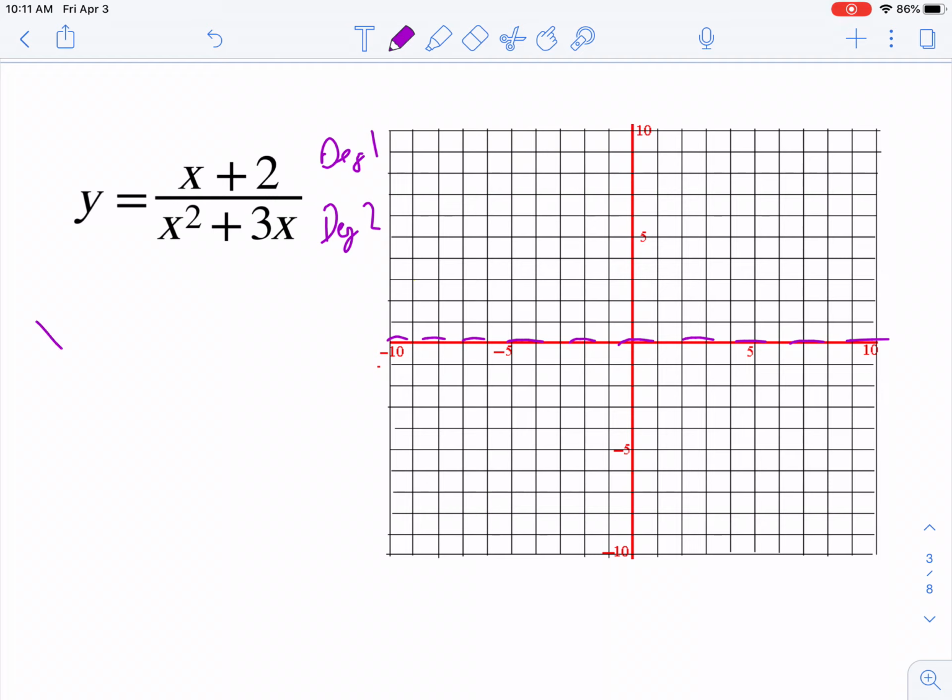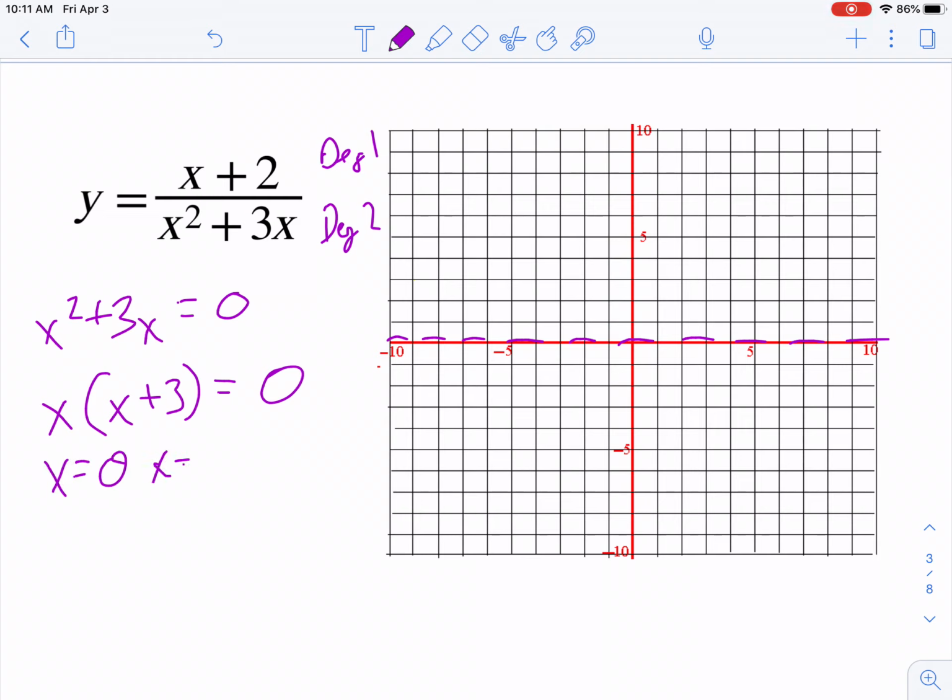Vertical asymptotes, x squared plus 3x equals 0. Solve this for x by factoring out x. And so I get x equals 0 and x equals negative 3. So I've got two vertical asymptotes at 0 and at negative 3.